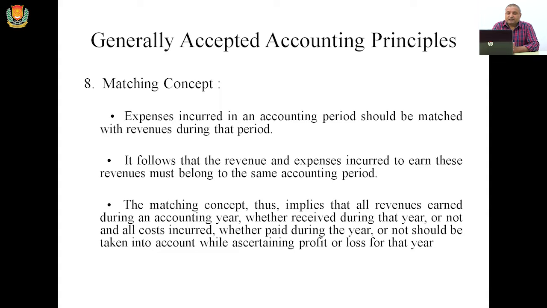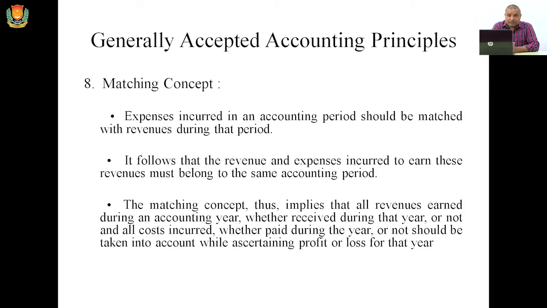The matching concept thus implies that all revenues earned during an accounting year, whether received during that year or not, and all costs incurred whether paid during the year or not, should be taken into account while ascertaining profit or loss.